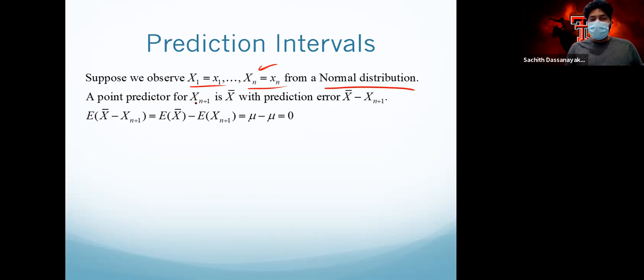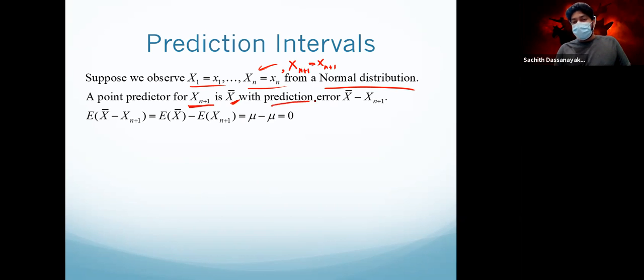The point predictor for X n plus 1, which means the next observation, X n plus 1, is X bar. We assume that the point predictor is X bar for the next observation.